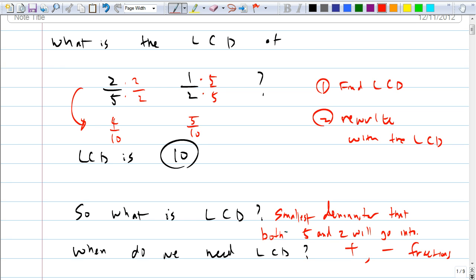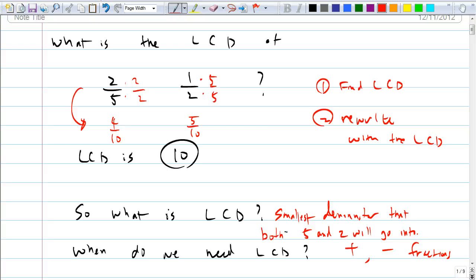But we're not looking for any kind of common denominator. We're looking for the smallest. Why are we looking for the smallest? Because it's easy for us to do the math, right? You don't want to necessarily make it big. Of course, you can find a common denominator every time you have a fraction. There's an easy way to find a common denominator. How do you do that?